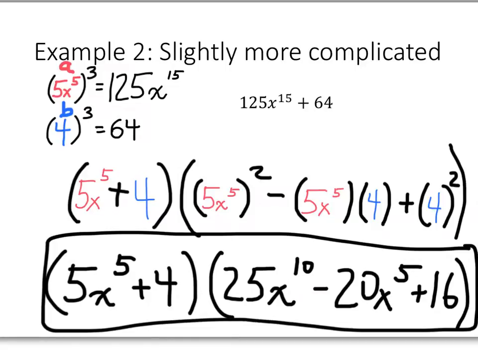After finishing simplifying everything, we see that our final answer for the factored form of 125x to the 15th plus 64 is 5x to the 5th plus 4 times quantity 25x to the 10th minus 20x to the 5th plus 16. Again, if you wanted to check this, you would be able to multiply it back out, and it would give you your original expression.